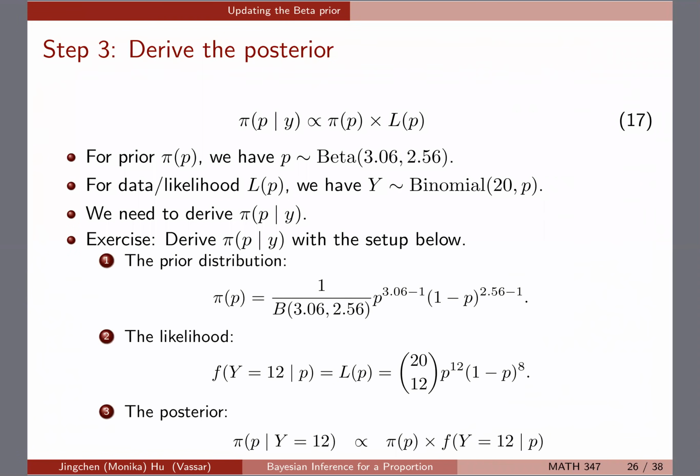I give this to you, pi P is the PDF of the beta distribution. The likelihood is this. And since we only have like 4 minutes left, I will ask you to do the exercise now in class. Try to do it based on the information that I've provided here. We're trying to derive the posterior. We have pi P to be a beta. The L of P, which is the likelihood, is from the binomial function. I ask you now to try out how to derive it. We might not be able to get to the answer today, but it will be a good place to end, I think.